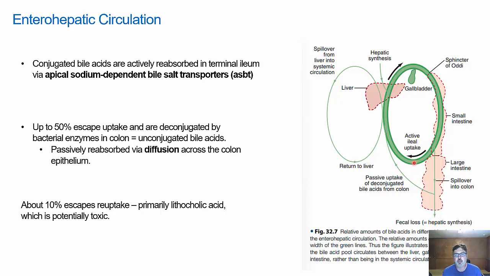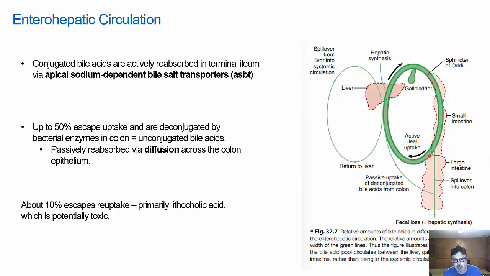Now, it's important also to remember that not all of these bile acids will be taken up. In fact, a lot of these guys will make it into the intestine and they will be deconjugated. Those bacterial enzymes in the colon will basically deconjugate the bile acids that do not get actively taken up. And from there, they can actually be passively reabsorbed along the colon epithelium.